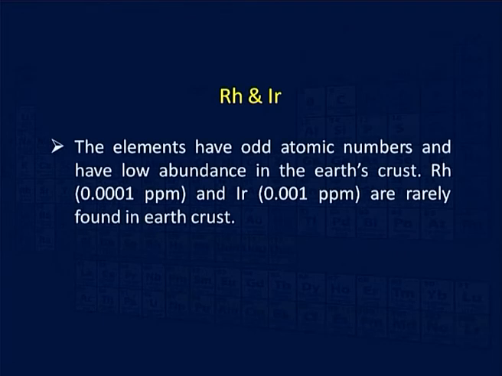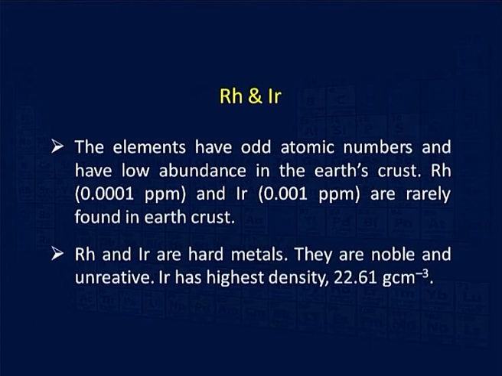The next group has rhodium and iridium, elements having odd atomic numbers and low abundance in the earth crust. As you can note, rhodium has only 0.001 ppm and iridium has 0.001 ppm abundance in the earth crust, and therefore they are very costly elements.